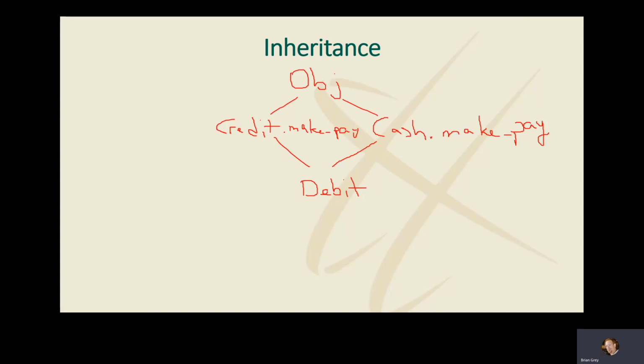Okay, let's pretend debit inherits from both of these. Which of these two methods does it inherit? Does it get the credit or does it get the cash? Can we see how this becomes a structural issue, a big concern?